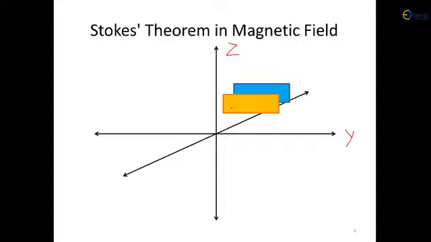For this particular surface, we also have to consider a normal direction here. A normal direction means a perpendicular direction. So either the perpendicular direction will be coming out of the digital screen or going inside. So only 2 possibilities we have, and as provided in the problem statement, it is along the positive x-axis here.